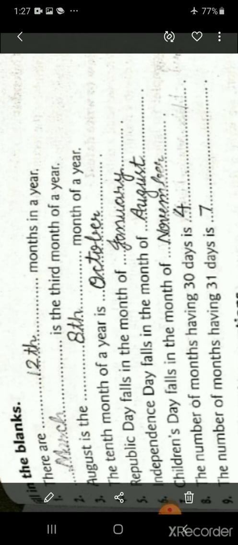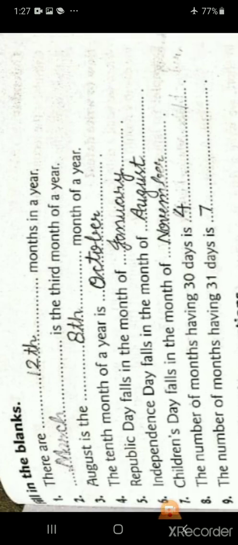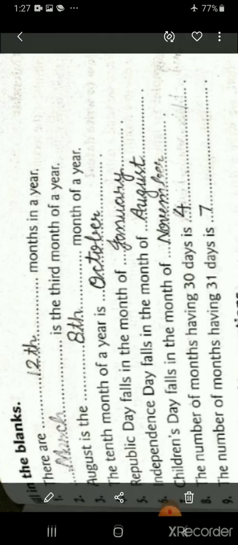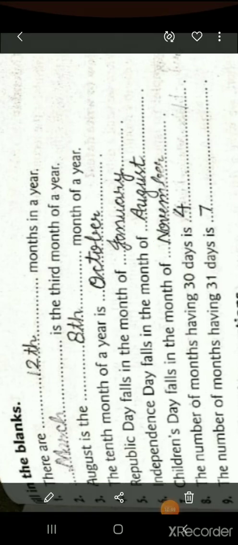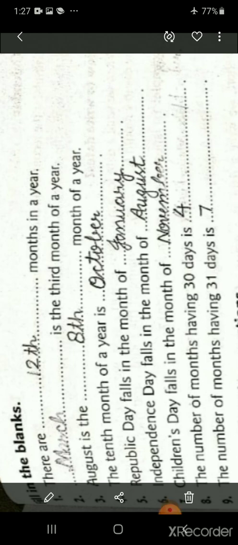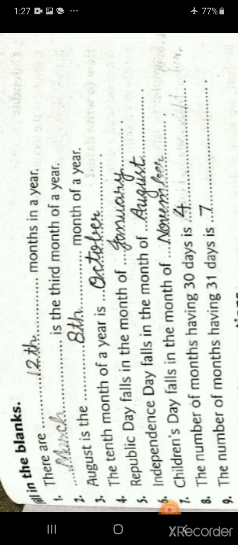Sixth question is, Independence Day falls in the month of, yes, August. Now, next question, number 7. Children's Day falls in the month of, yes, November. Like this, you will solve other questions also.